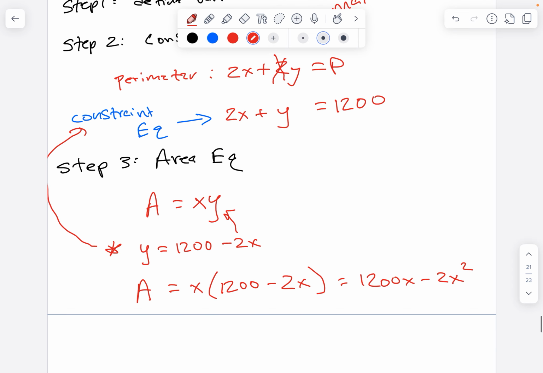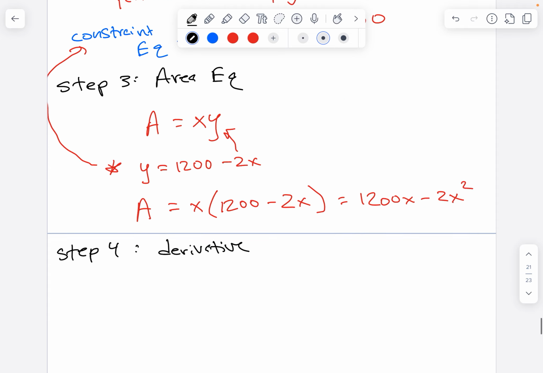All right. So on to step four, which is now we are ready to take the derivative. We have our area equation is equal to 1,200x minus 2x squared. Take the derivative of both sides, and you get dA/dx.